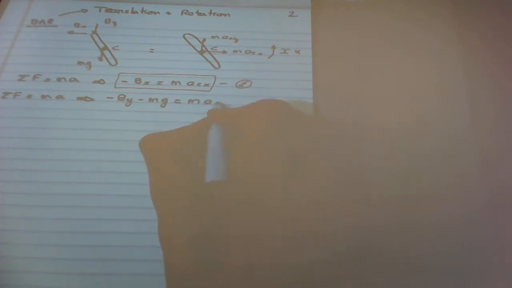Equal to m ACx. So let's say that would be our equation 2. We need to do the same thing on the y direction. Summation of forces equals m a, which will give us what over here? Minus Dy minus mg equals m ACy.